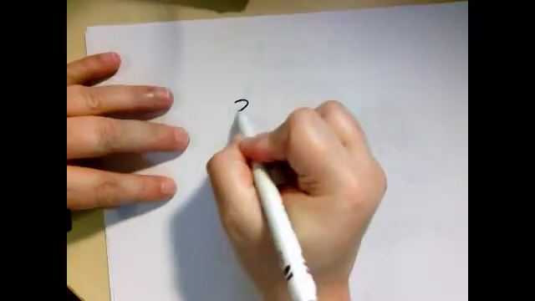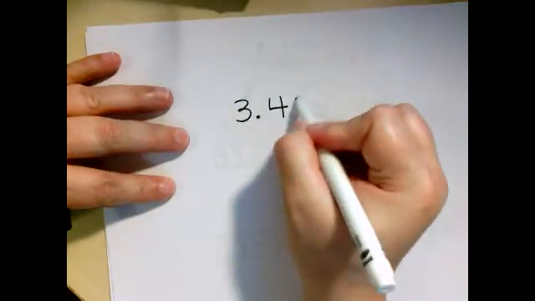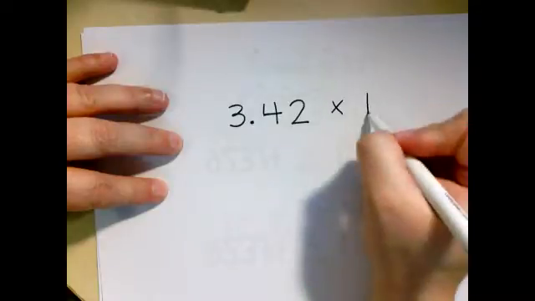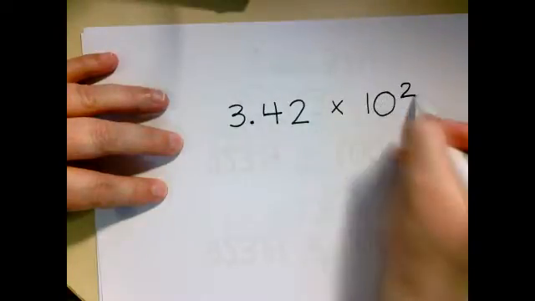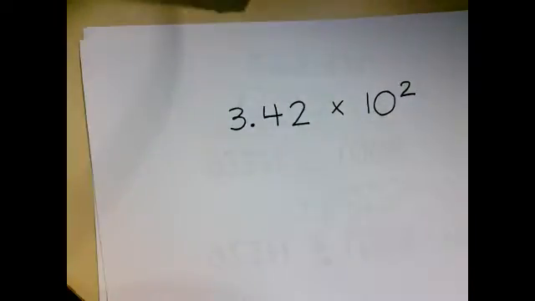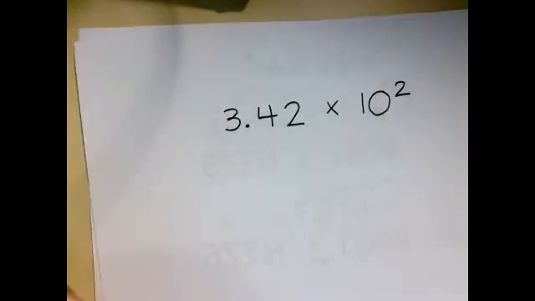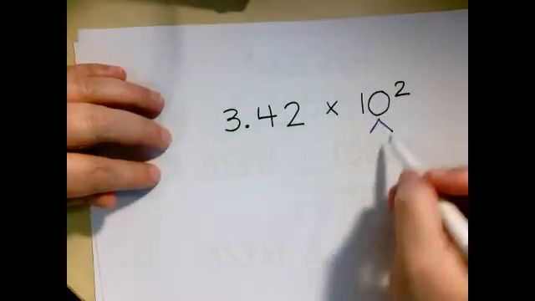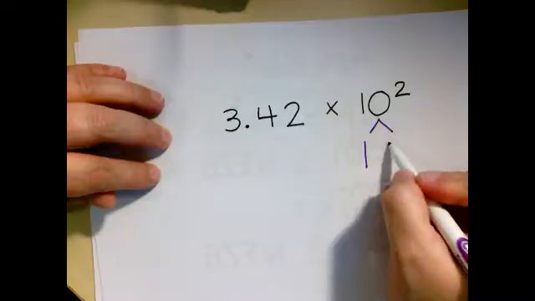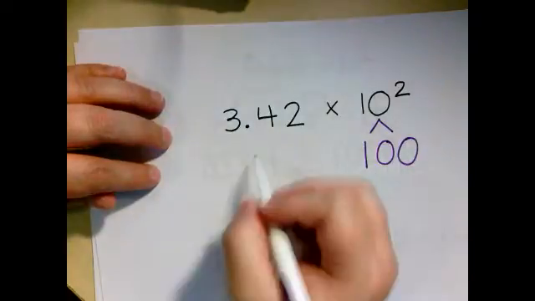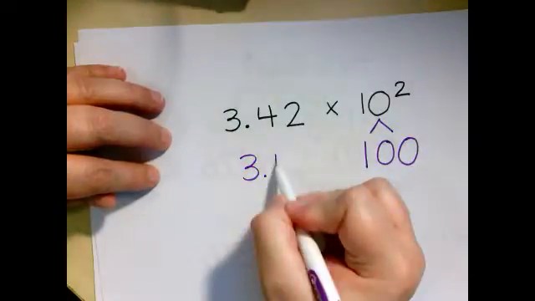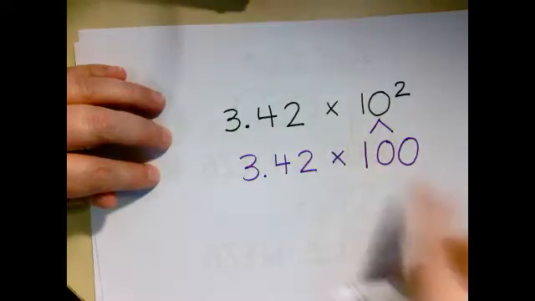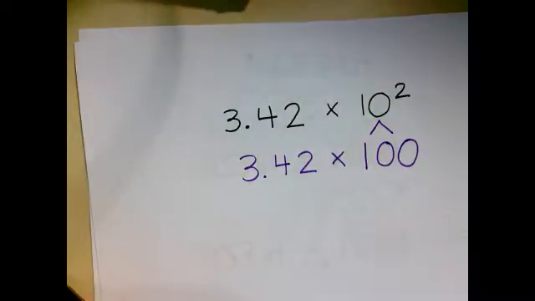Let me flip this over because we could actually have something that looked like this. I didn't even think about this. What if I had something like that? That's actually a 2-step problem. First of all, I need to figure out what 10 to the second is. Well, I know that's going to be a 1 and have 2 zeros. So now my problem is 3 42/100ths times 100.